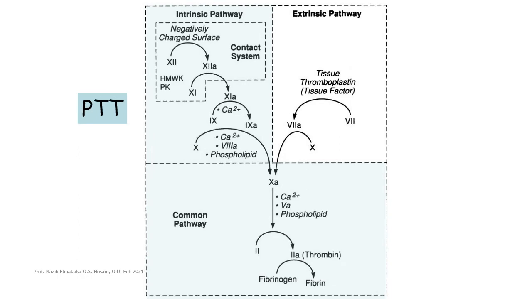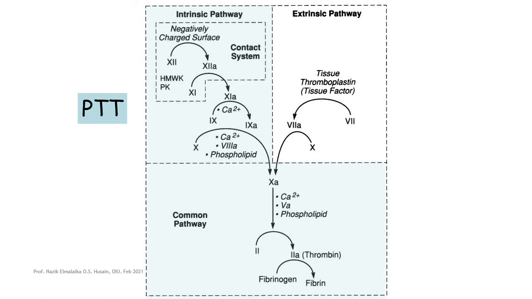And the partial thromboplastin time reflects a disorder in the intrinsic pathway or the common pathway. The intrinsic pathway contains factor 12, factor 11, factor 9, and factor 8. Then it joins factor 10 to the common pathway.